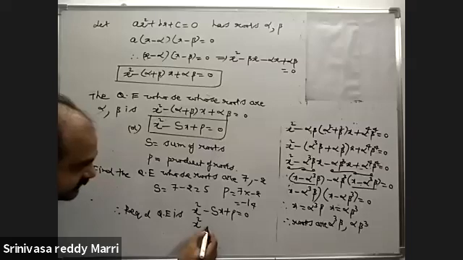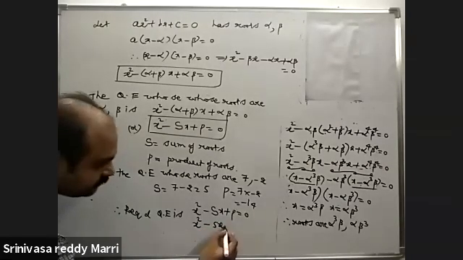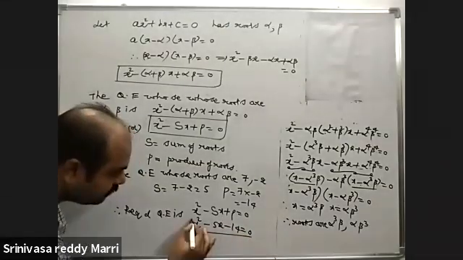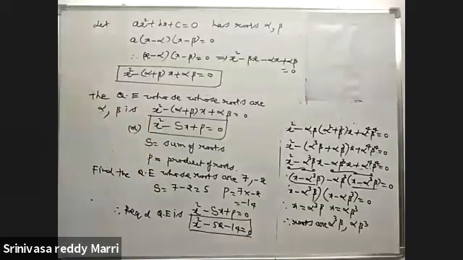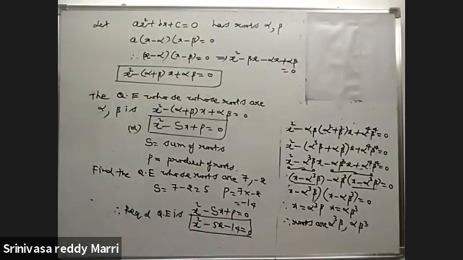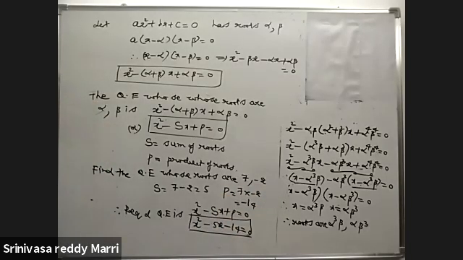So x square minus 5x minus 14 equal to 0. Now this is the equation whose roots are 7 and minus 2. If you factorize this again, you will get the roots 7 and minus 2 only.